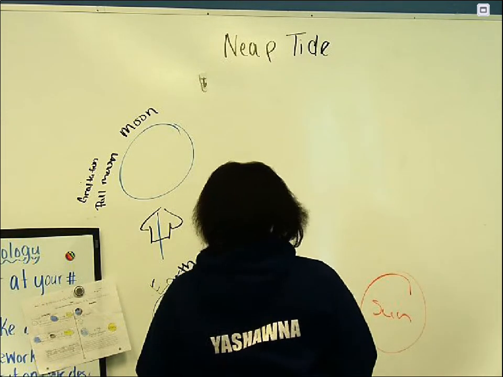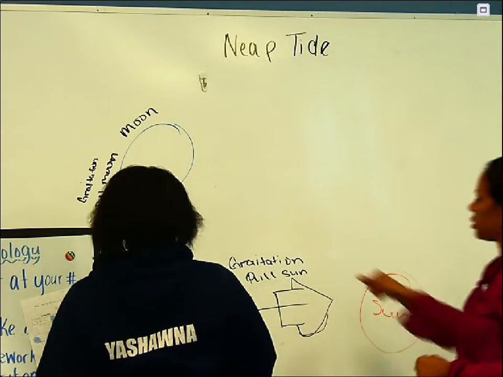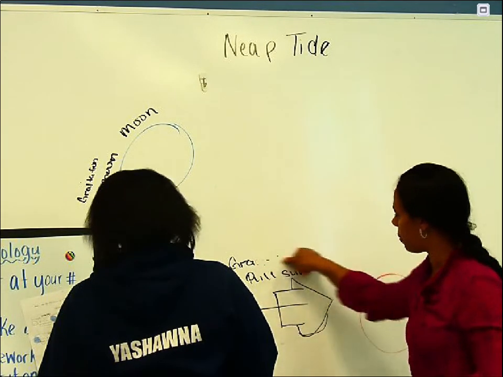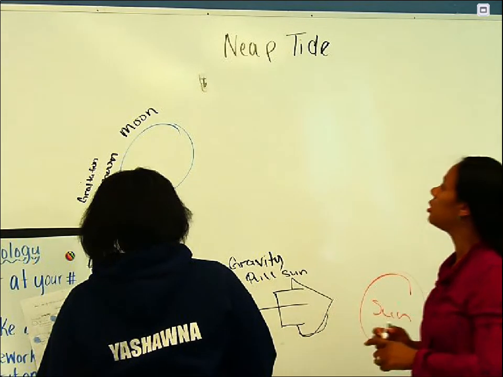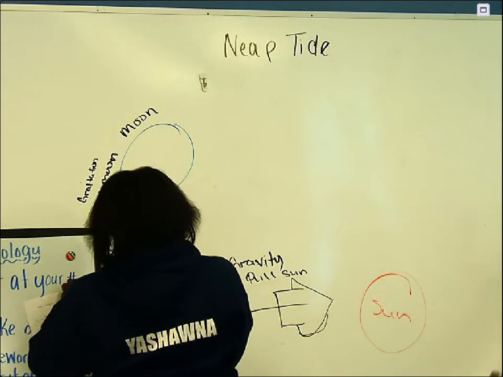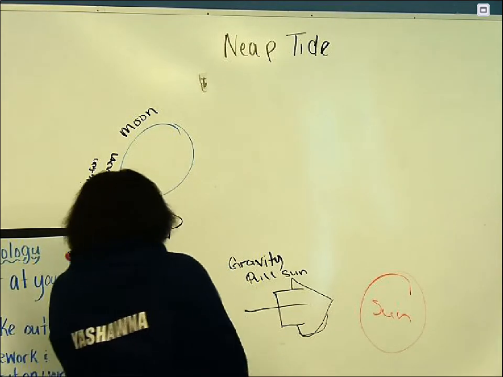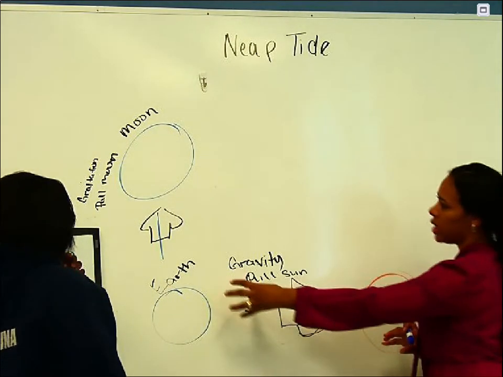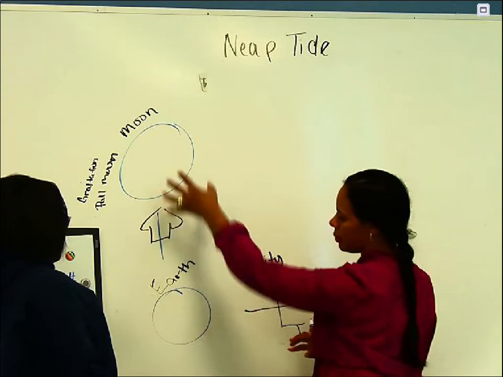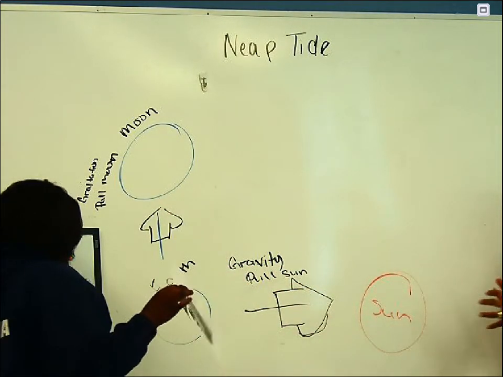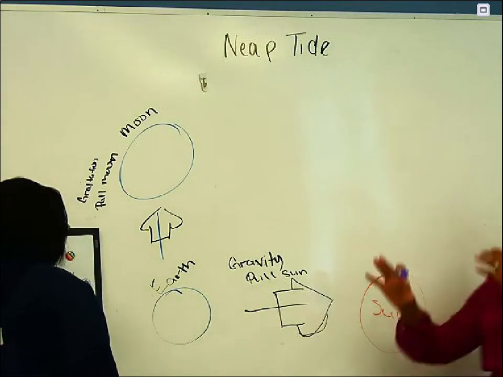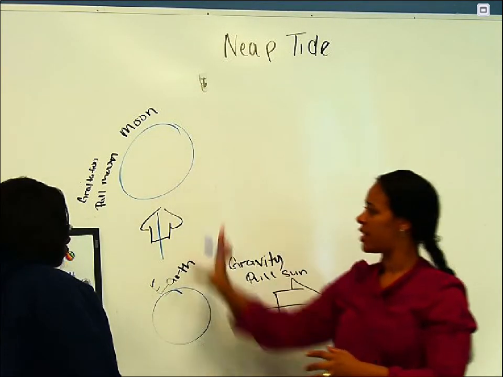All right, so it is gravitational pull, so we'll fix that. No problem. All right, so according to Yushana's picture, here we have the moon's gravity pulling on the earth, but it's also in line with the sun, the Earth's rotation around the sun. So what happens to that gravitational force that's being pulled this way?